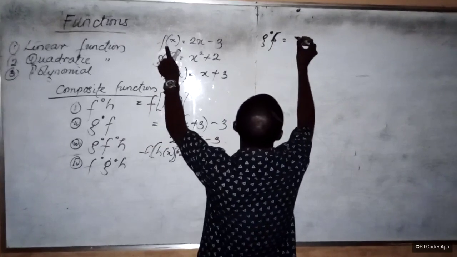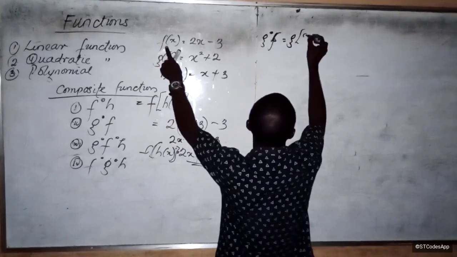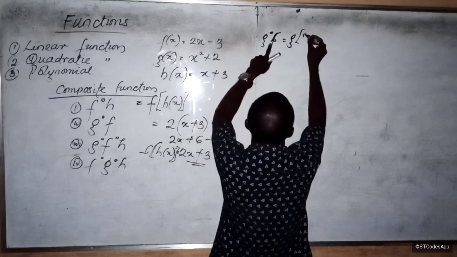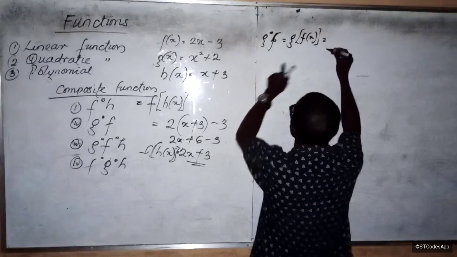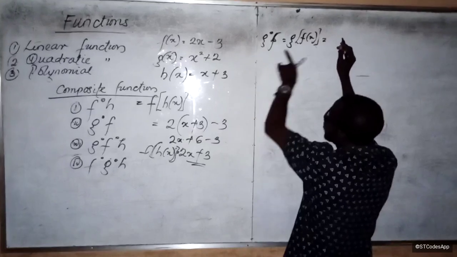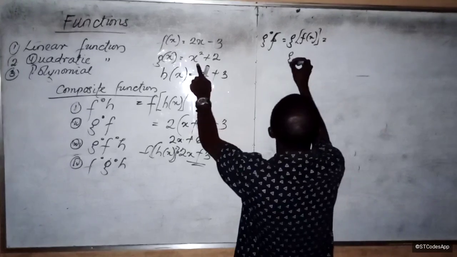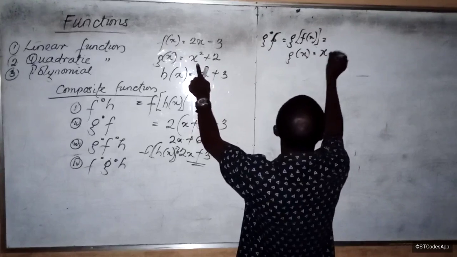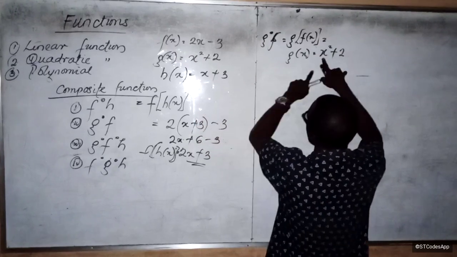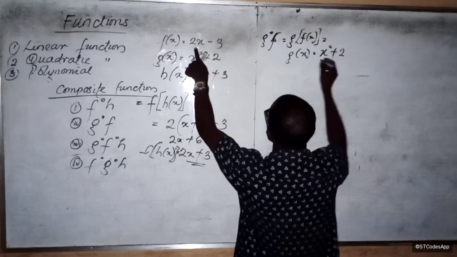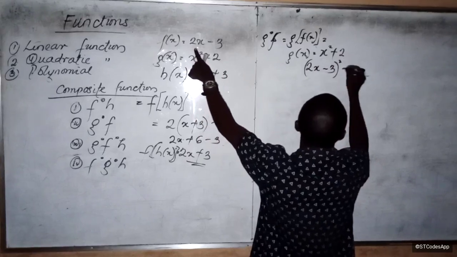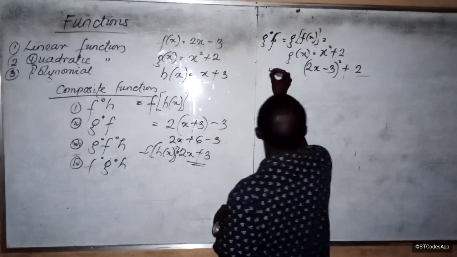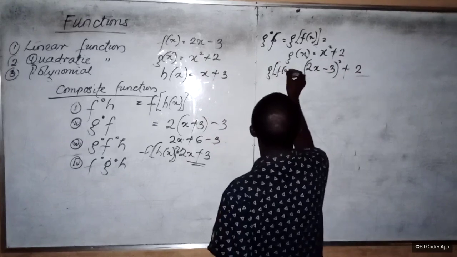This is g of f of x. Is that okay? This is how to write it. Another way to write it: recall that g of x is x squared plus 2. So anywhere we find x here, we're going to plug in this entire function so that we have 2x minus 3, all squared, plus 2. That is g of f of x.